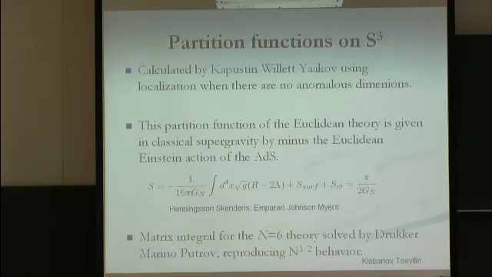Okay, and then on the other hand, one reason why it's natural to think that it measures something like the number of degrees of freedom is that in theories with holographic duals, the log of the S3 partition function is given in the classical supergravity approximation by minus the Euclidean action in AdS.